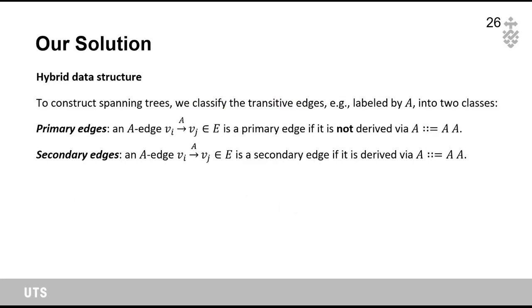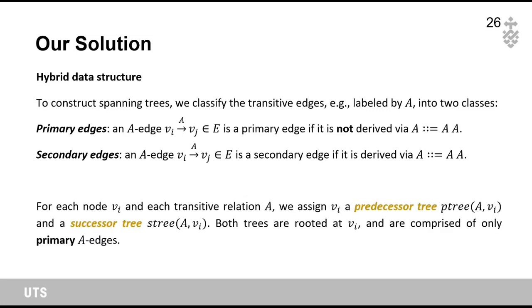To construct spanning trees, we classify the transitive edges labeled by A into 2 classes, primary edges and secondary edges. Specifically, if an edge is not derived via the production rule A equals AA, then it's a primary edge, otherwise it's a secondary edge.